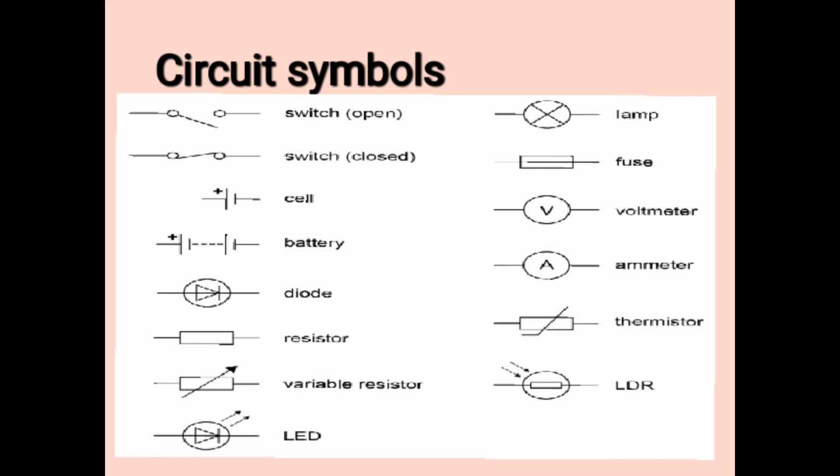And then we have a cell. A cell is simply made of the positive and the negative. The longer line there is the positive, and the shorter one is the negative. So a cell will have two lines, one tall and one short line. That is the cell. Now, when we bring two or more cells together, what we're going to have is a battery.